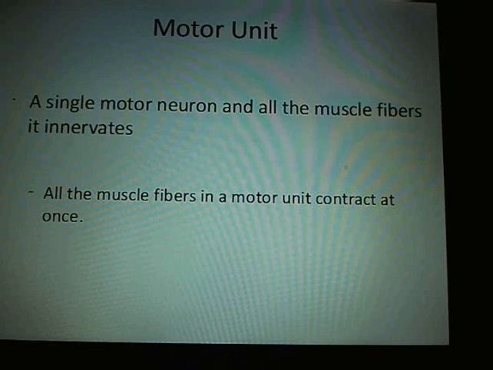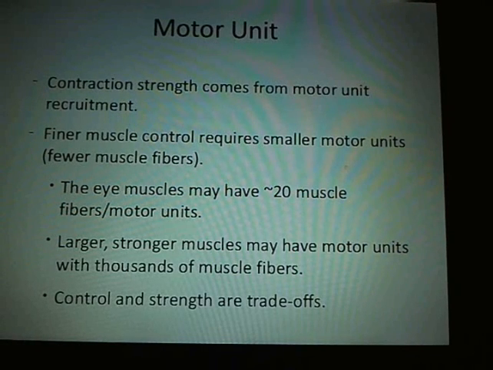A single motor unit and the muscle fibers it innervates. A motor unit innervates muscle fibers. The contraction strength comes from a motor unit. For finer muscle control, you require more units controlling a small number of fibers, such as in the eye, where you may have fewer than 20 muscle fibers per motor unit.